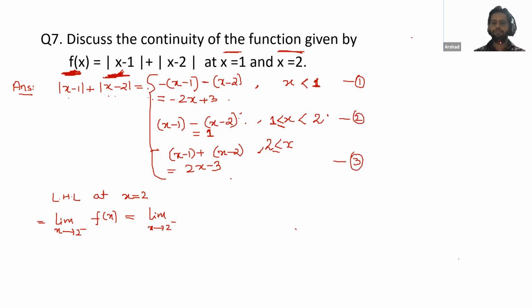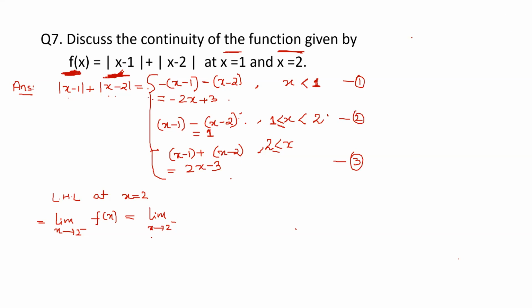So for which one will we use? First, second, or third? If you have a doubt, you can tell me. Abdur, can you tell me for LHL which function we will use? The second function. Very good.